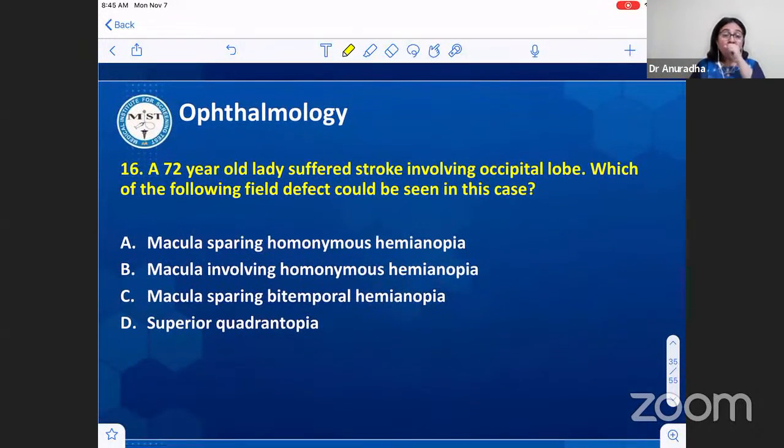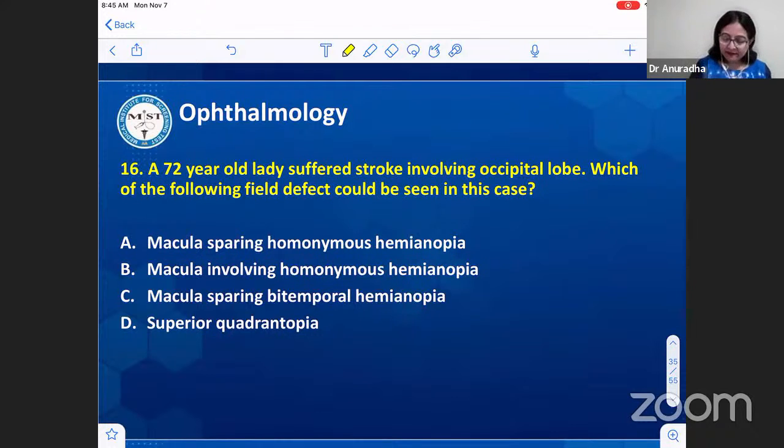A 72-year-old lady suffered stroke involving the occipital lobe. Which of the following field defects could be seen in these cases? So visual field defects, yes, a picture can also come. I have shown you in the revision classes. Visual field defects are another high yield topic for your exam.